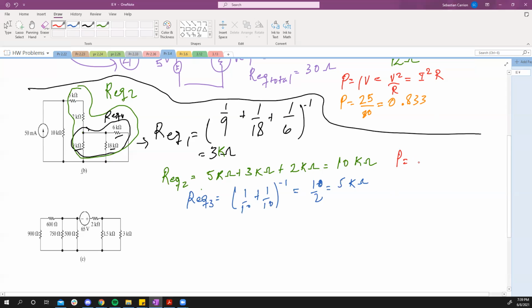So, 50 milliamps, 50 times 10 to the 3 squared times 5K. So that is going to be 12.5 watts.